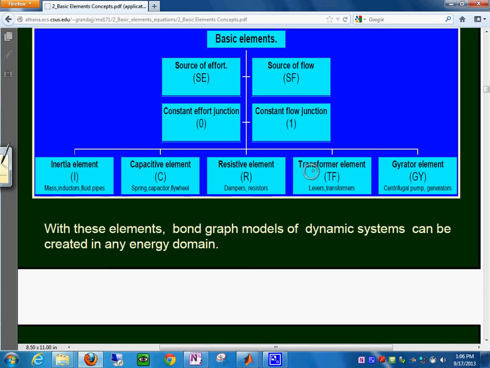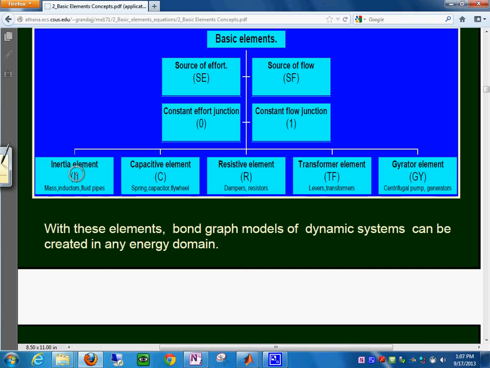So using these elements, and again generalized elements, you can do models across the disciplines, because with the same symbol I in here, I could be representing a mass or an inertance in an electrical system.